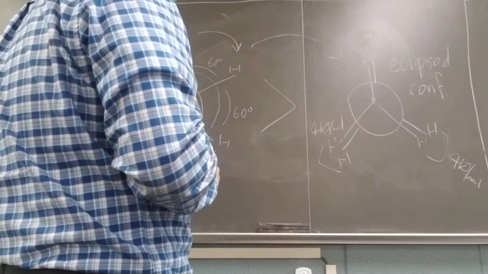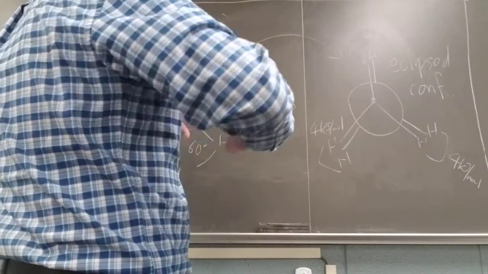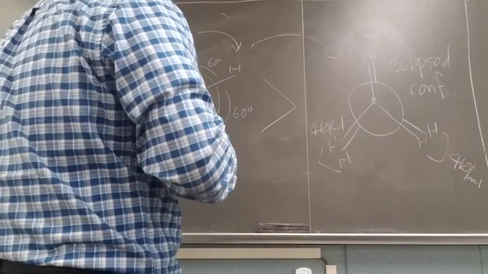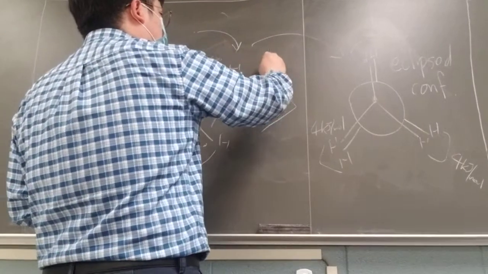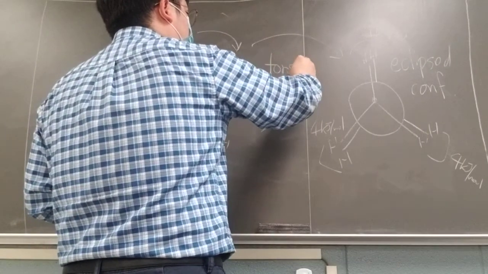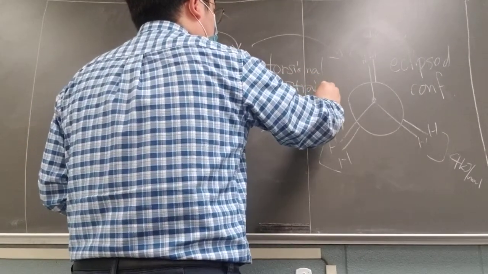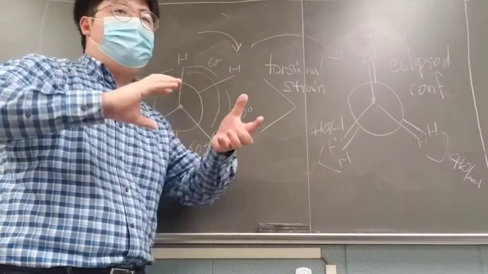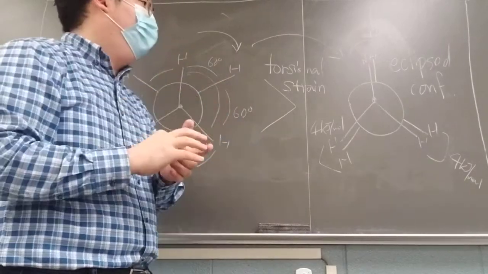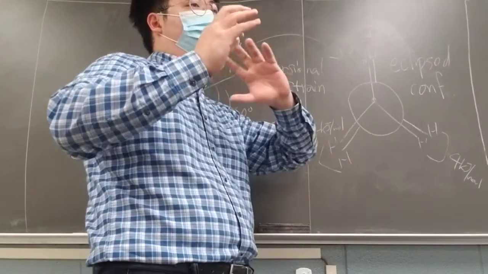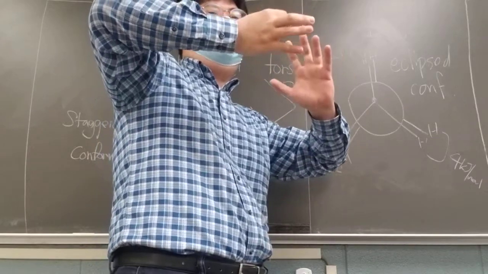So if you want a certain name for this amount of discomfort, we actually call this torsional strain. Torsional means you're twisting it, rotating it. And this is the amount of energy that will force this compound to rotate.